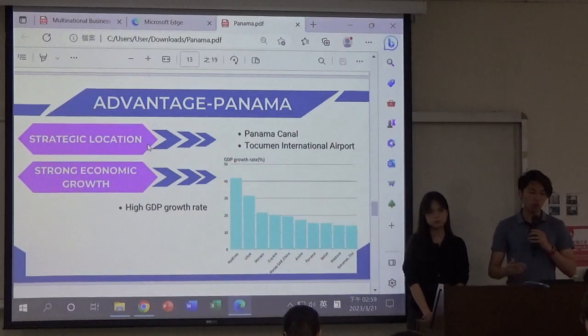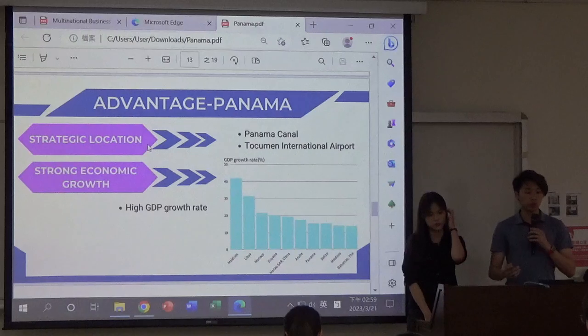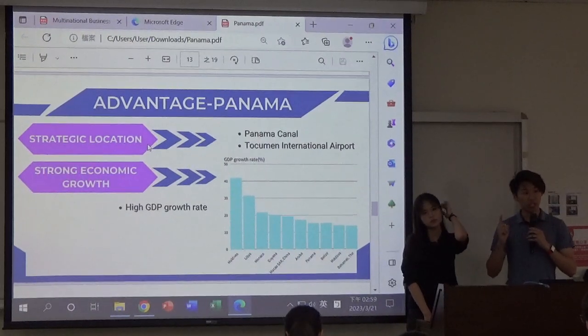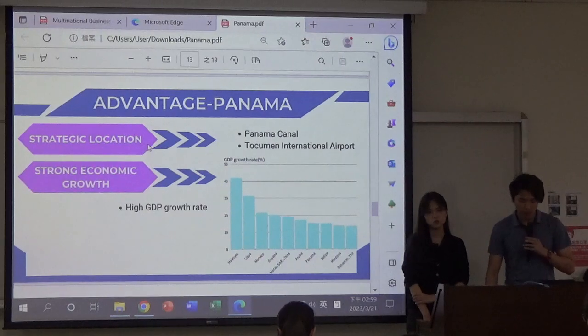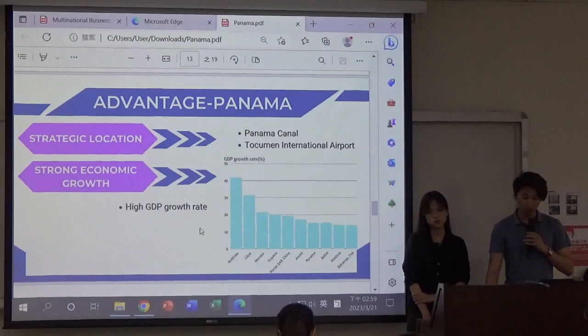There's been an overall strong economic growth due to, one, the connection to the US dollar. While the local currency, the Balboa, is used internally, for all external business it's connected to the US dollar, which is extremely stable. Overall, this has led to a high GDP growth rate compared to other countries in this region.